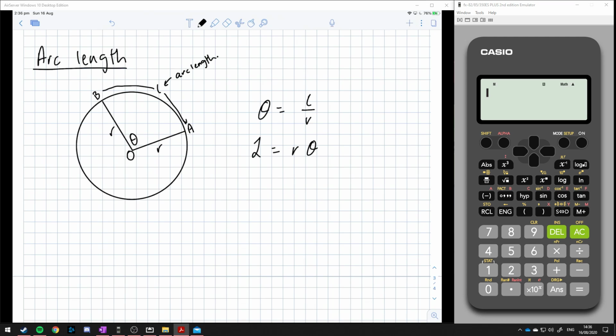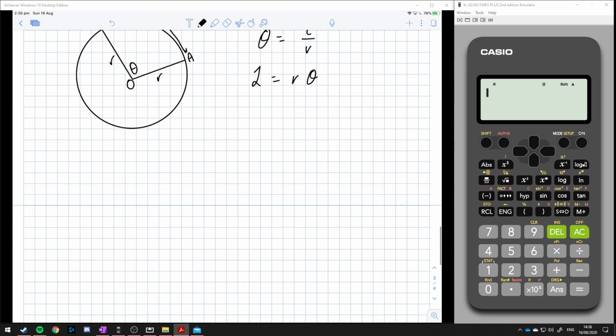In this case, a full circle is 2 pi, so that would be 2 pi times the radius. But essentially the arc length is exactly the same, except theta is our angle.